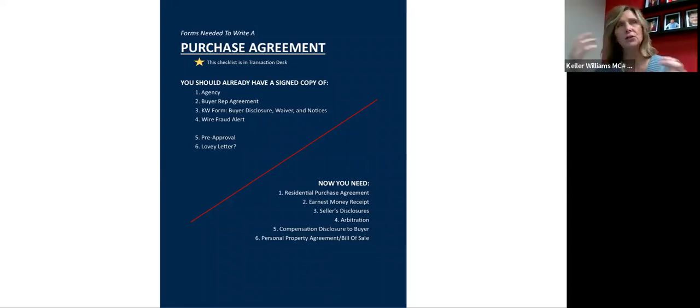It typically is an agreement between the buyer and seller for things that are not affixed to the property. Like, hey, I'm selling my lawnmower along with this deal. We're not going to put that in the purchase agreement. It's essentially an agreement between the buyer and seller for the personal property.